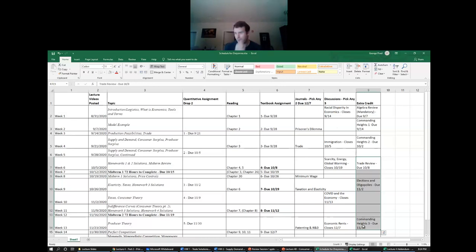If you want to calculate your final grade to this point, the 3 textbook assignments are worth 3% each. So if you did those, you should be getting 2 to 3%, depending on how well you did on those. Provided you're not dropping quantitative assignment 1, that should be 8%, and same thing with quantitative assignment 2. But if you haven't done them, you can drop them. Just make sure you do the other 3.